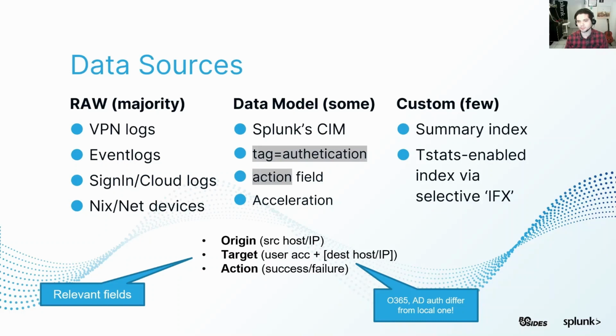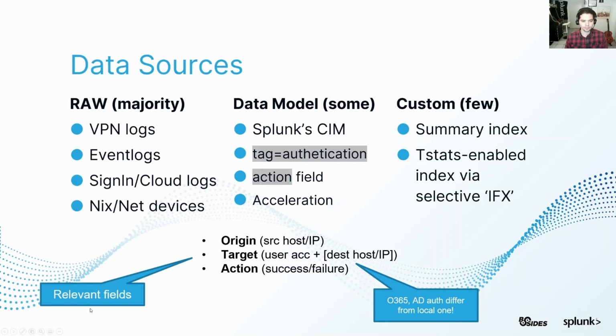A few customers will have their own custom alert frameworks. They will be consolidating, summarizing or aggregating all the relevant authentication events in summary indexes, or they might also accelerate just certain fields, the relevant fields that I'm listing here down below, which will make their queries a little bit faster by using indexed field extractions, right?